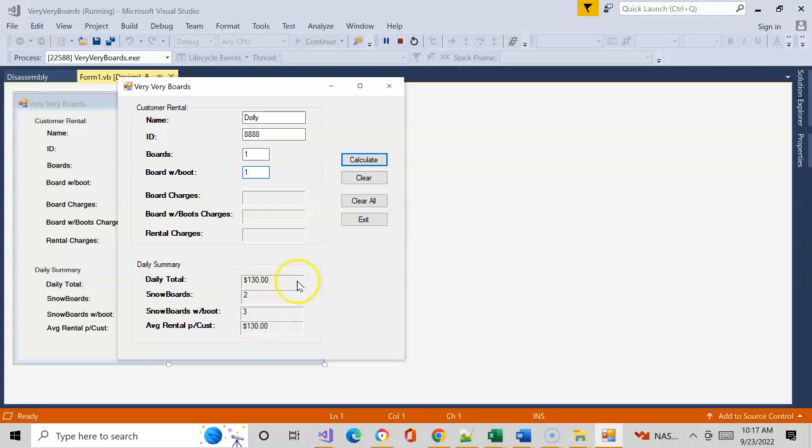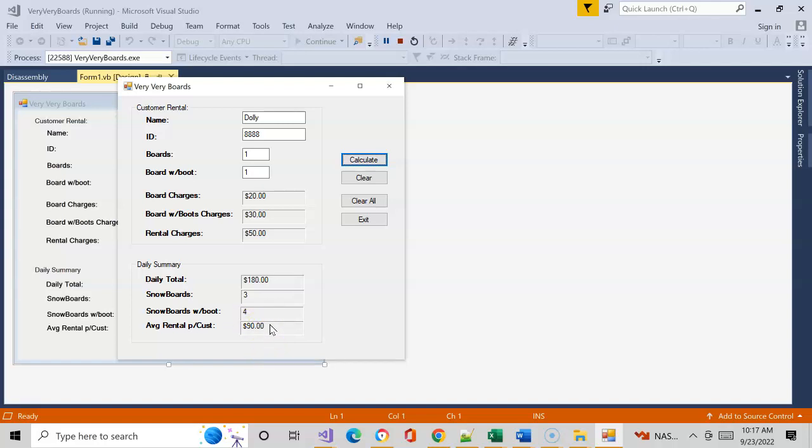You see, this still stays there, and they calculate that, and so Dolly's bill is $50, 20 for this and 30 for that, and you can see that my daily summary now accumulated, added $50 to the first customer. It added to the totals of the snowboards and snowboards with boots, and then it finally came up with a new average, which was 180 divided by the number of customers for that day, in this case, $90.